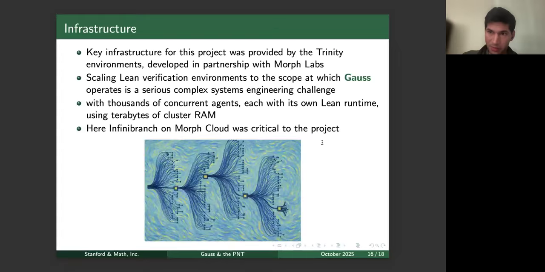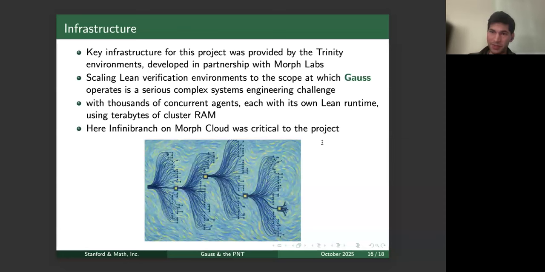And in fact, not just trying one option, but splitting off in parallel and having many instances of Gauss trying to prove various of these options. And really the unsung hero of this is the infrastructure for the so-called scalable Lean verification environments. This is very outside of my expertise, but this is a complex systems engineering challenge, which really can only be accomplished, I think, using industrial scale computation, which previous to being in academia is not something that we necessarily worry about.